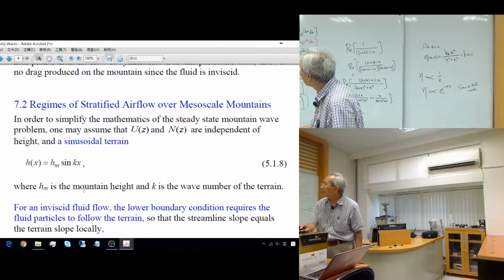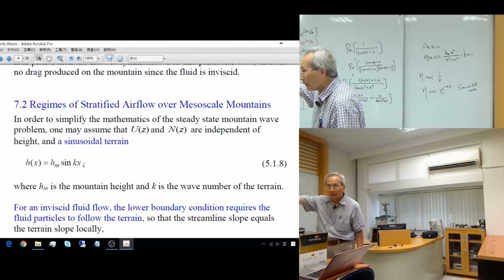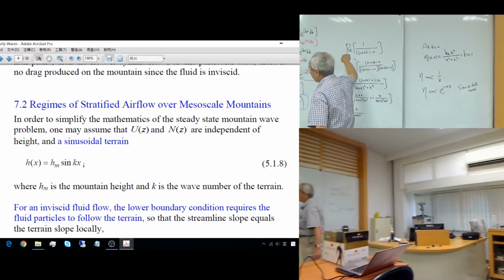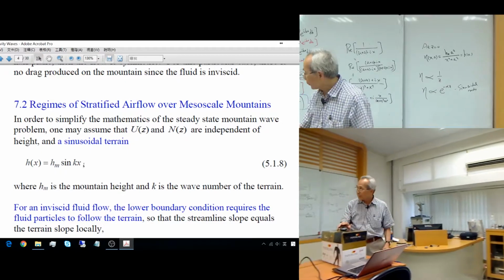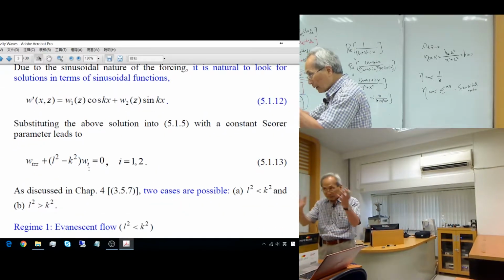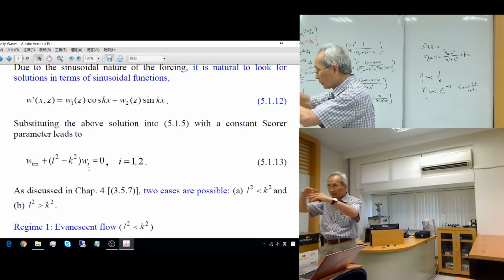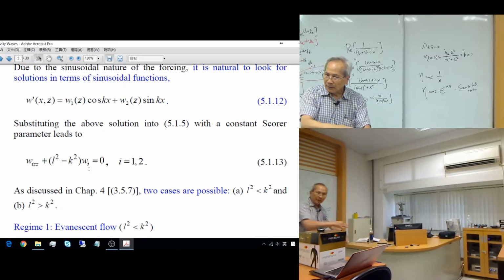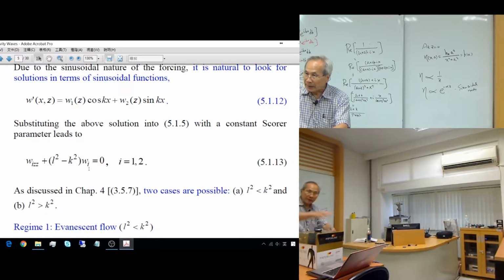Here we have the sinusoid mountain, and here we have the pear-shaped mountain, and the solutions are different. The basic thing is consistent: we are in the evanescent flow regime.